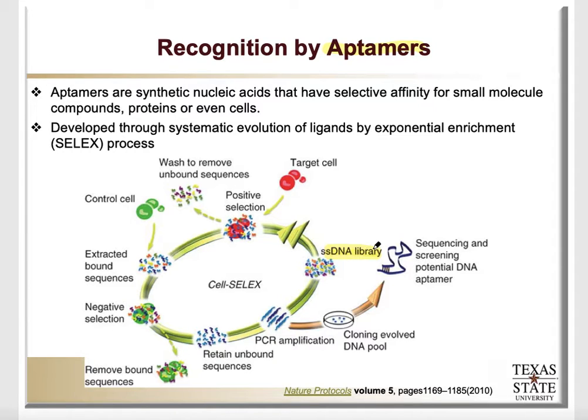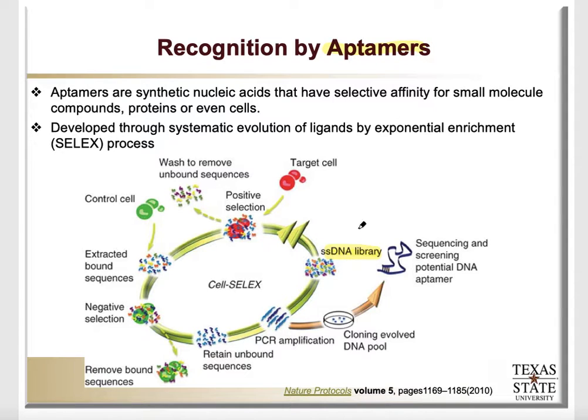And there are many, like hundreds, of these individual DNA strands that have different sequences, except that all of them are going to have the same primers on the end to enable us to do amplification later on.